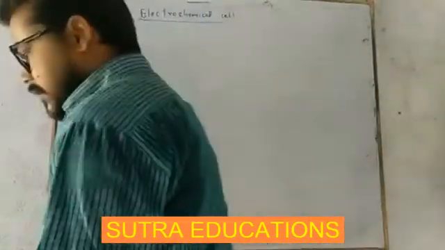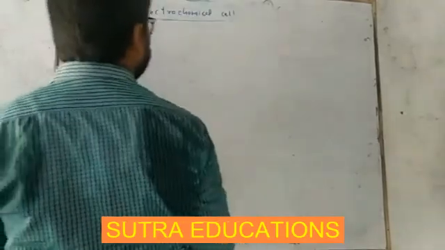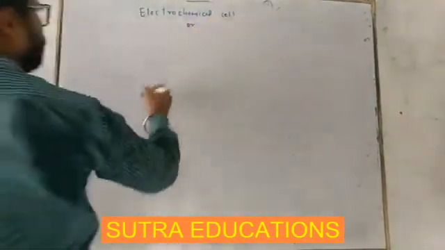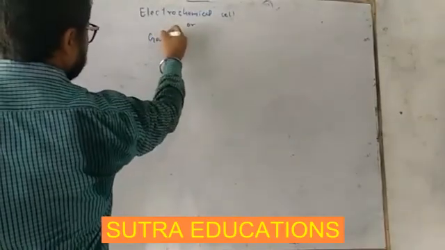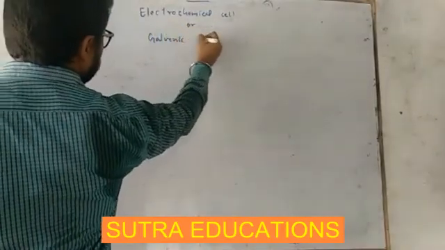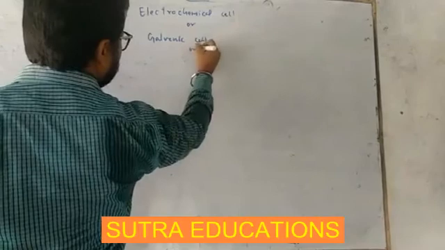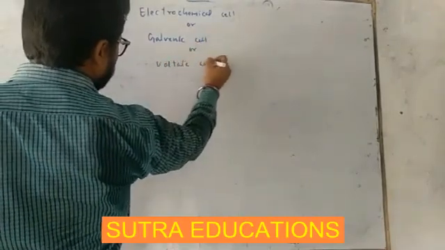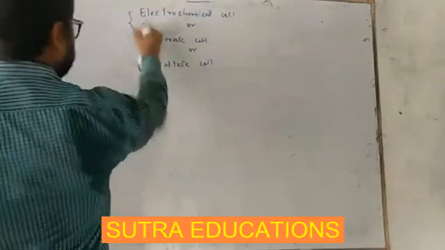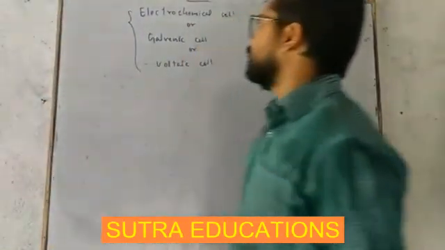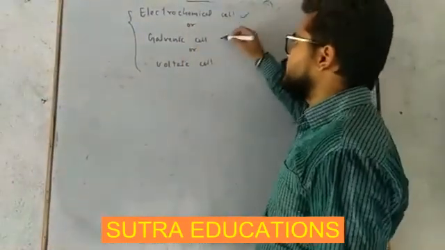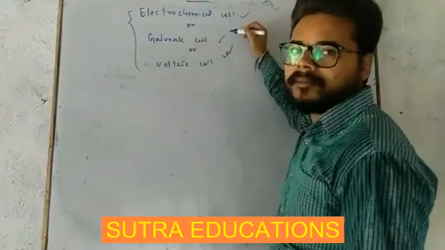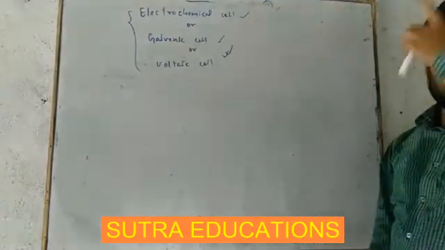So if it is written electrochemical cell or galvanic cell or voltaic cell, then all of these three are the same. Okay, so we will try to understand what this is.